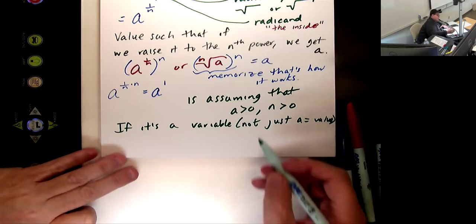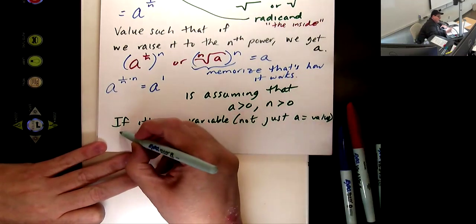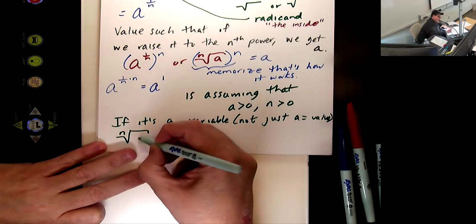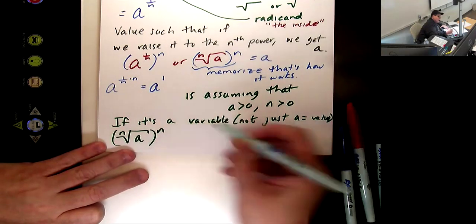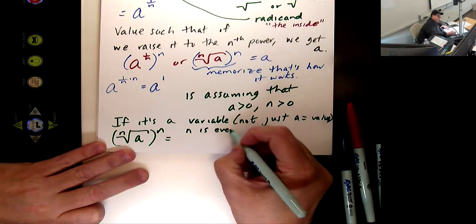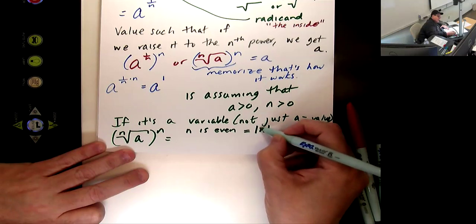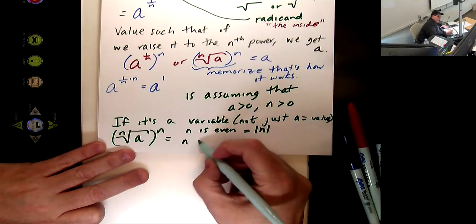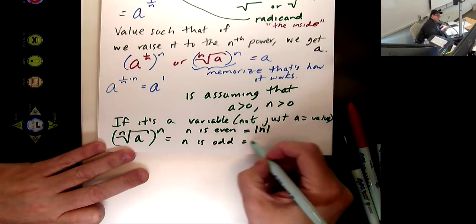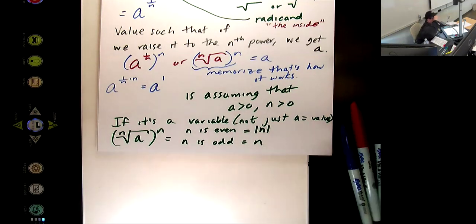If it's a variable, then this actually turns into two things. If we have the nth root of A to the N, if N is even, this becomes the absolute value of A. If N is odd, it's just A. And I'll show you why in a second.